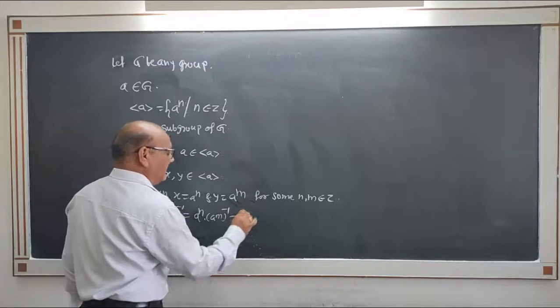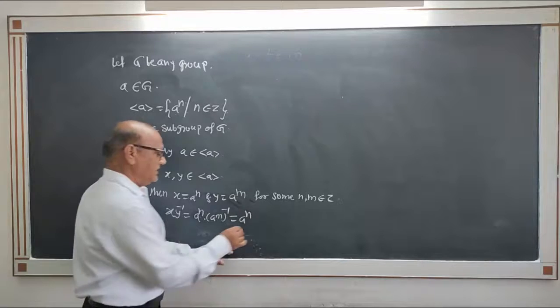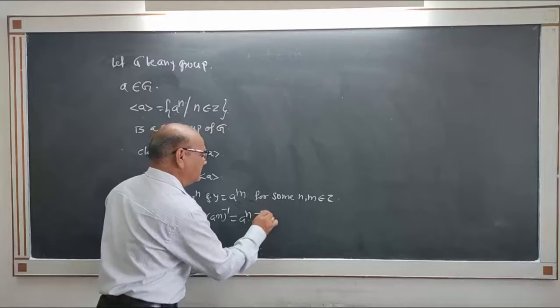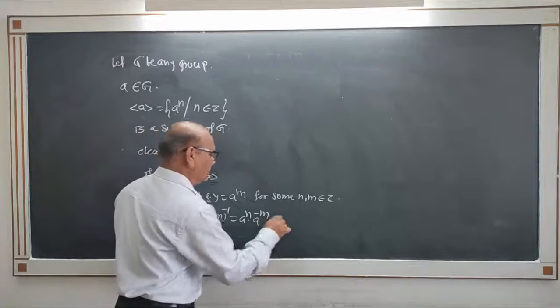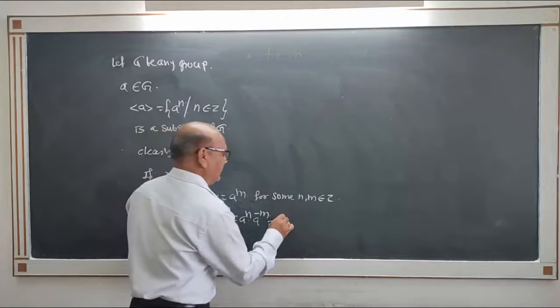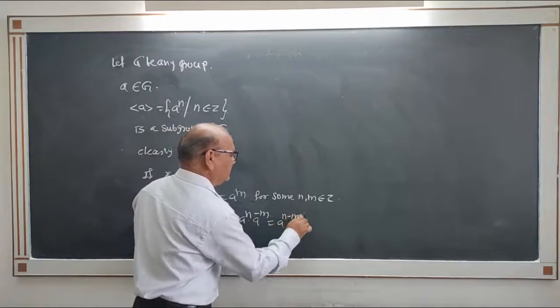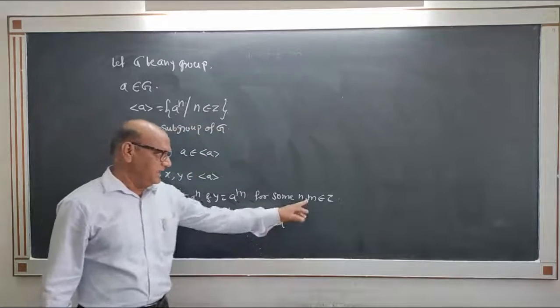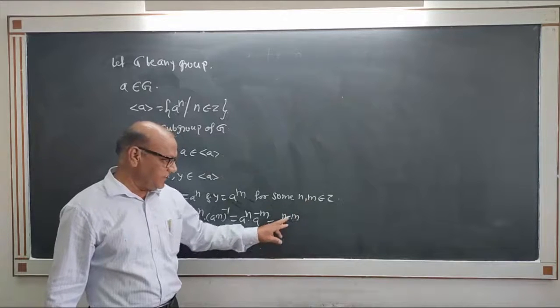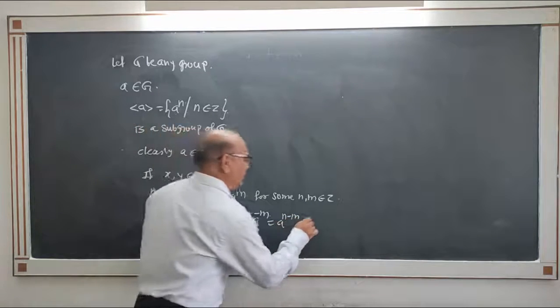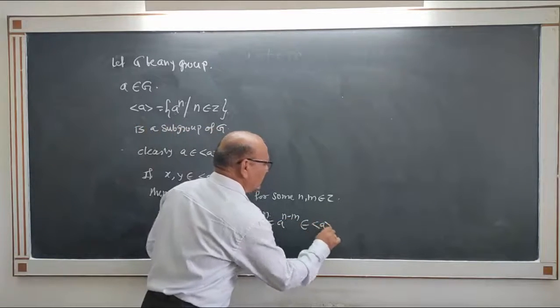This can be written as a raised to n, a raised to minus m, by laws of indices. This is equal to, again by laws of indices, a raised to n minus m. n is an integer, m is an integer, so n minus m is again an integer. Therefore a raised to n minus m belongs to this set.